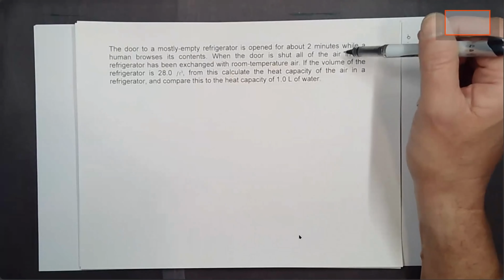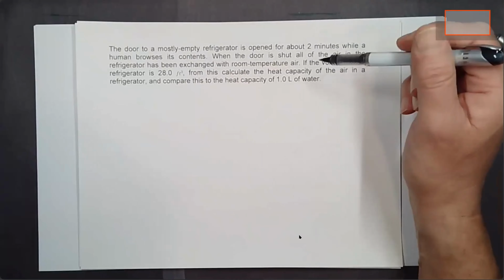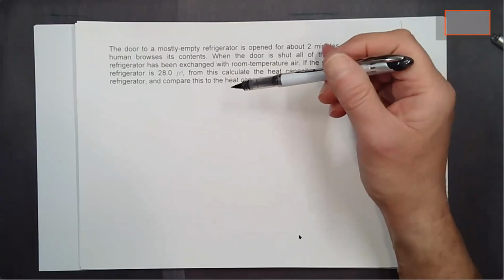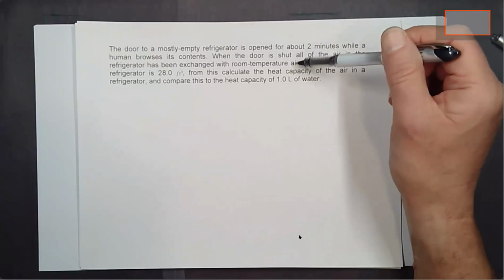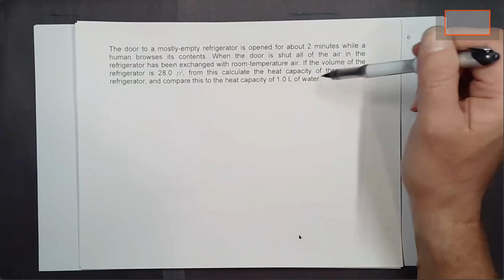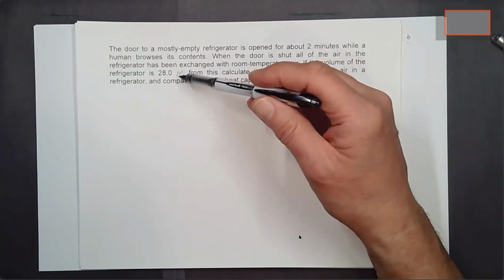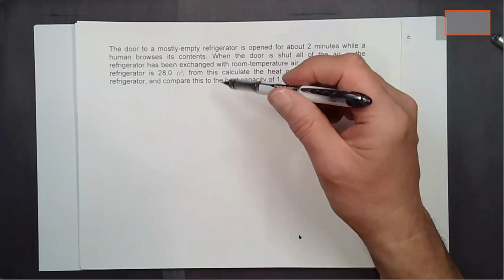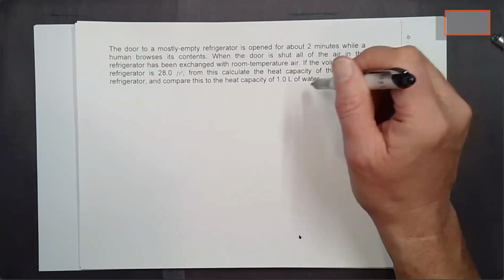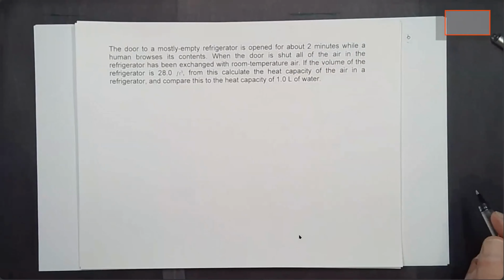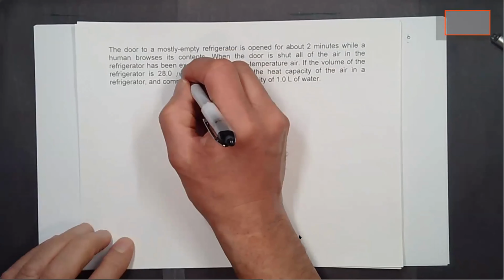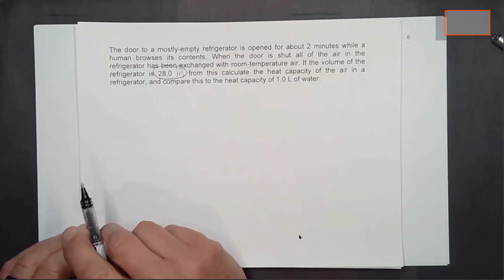Anyway, when they finally shut the door, all of the air in the refrigerator has been exchanged with room temperature air. The volume of the refrigerator is 28 cubic feet. From this, calculate the heat capacity of the air in the refrigerator and compare this to the heat capacity of 1 liter of water. Well, the first thing I'm going to have to do is convert 28 cubic feet.